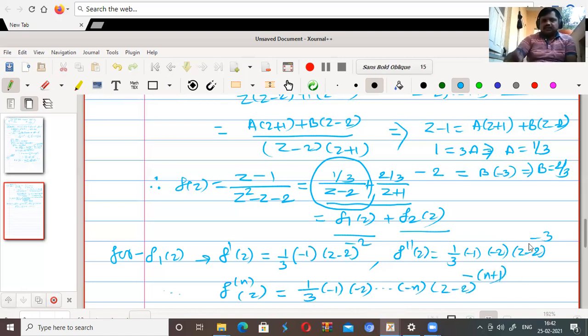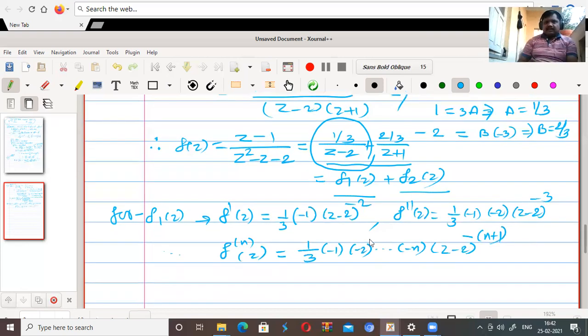Which is equal to, can I write this as, 1 by 3 into (minus 1) to the power n, n factorial, upon (z minus 2) to the power n plus 1.